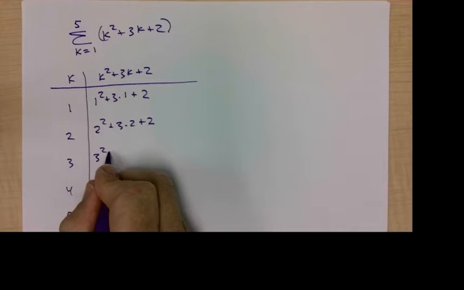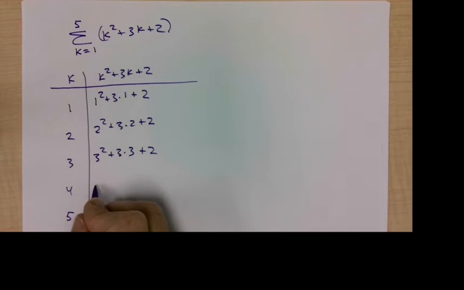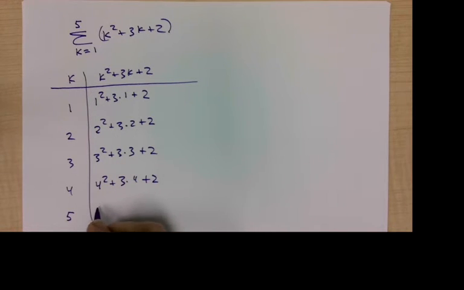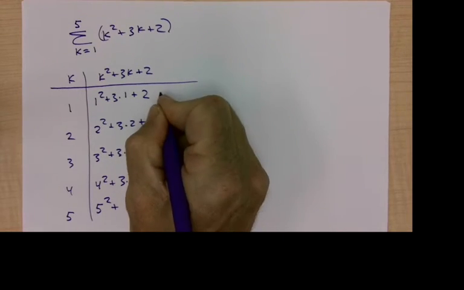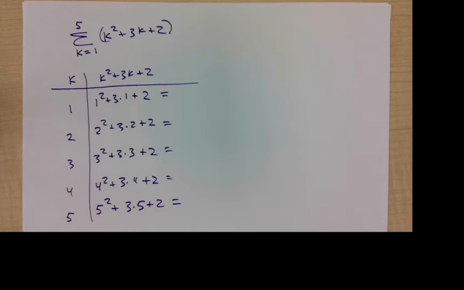K is 3: 3 squared plus 3 times 3 plus 2. K is 4: 4 squared plus 3 times 4 plus 2. K is 5: 5 squared plus 3 times 5 plus 2. And let's find out what all these things are.